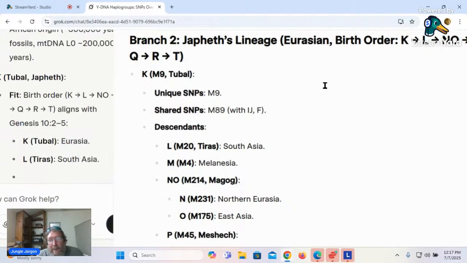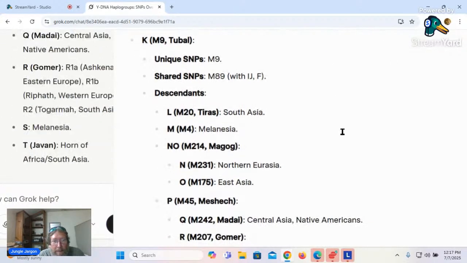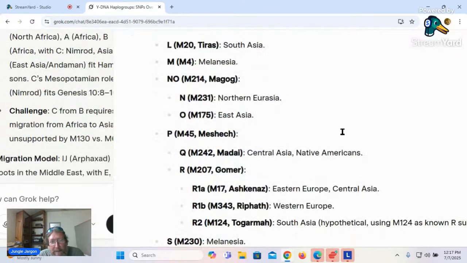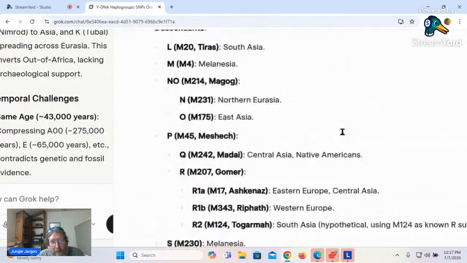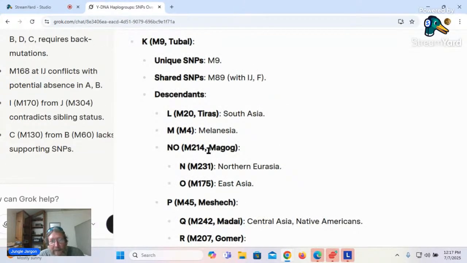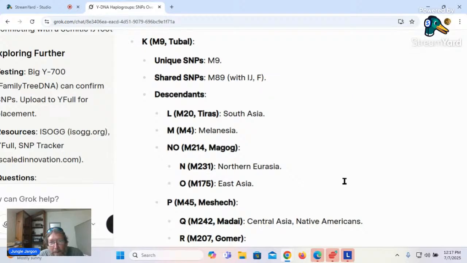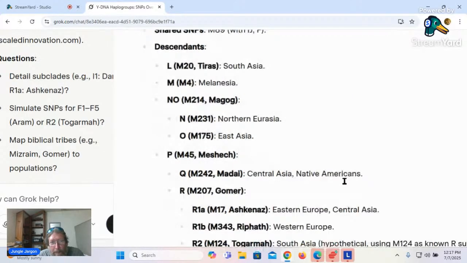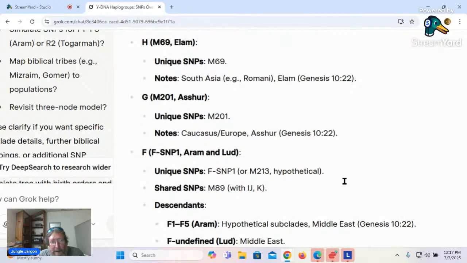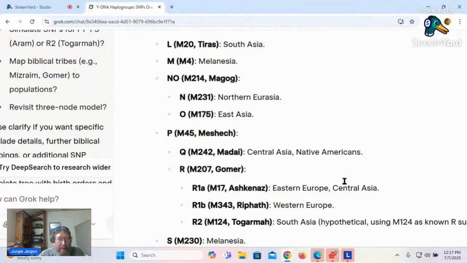You don't have to repeat what the birth order is. I'm just trying to put them like halfway in decent order. You still don't got it right. You got K tubal. You got everything else under tubal. Still didn't get it. I thought he would get it, but didn't get it.